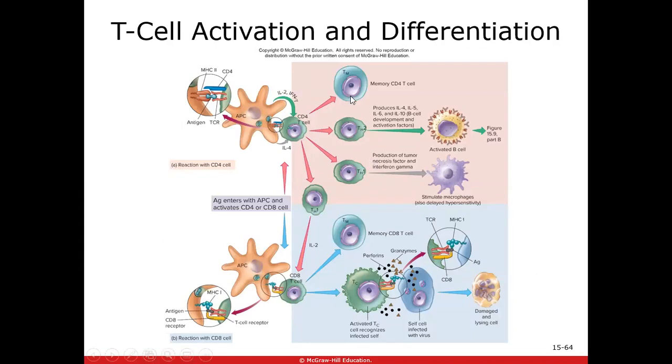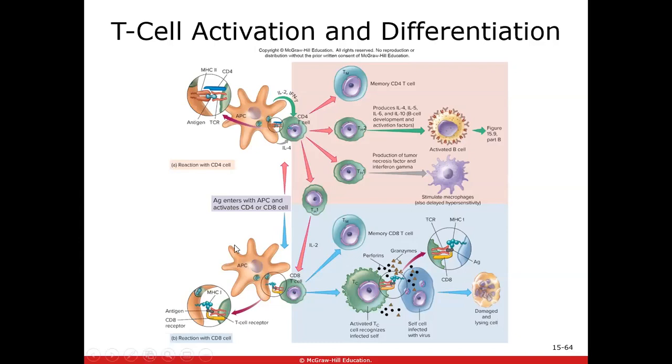So, T cell activation and differentiation. This is the dendrite. This is the T cell. It has on its surface a receptor for the antigen.